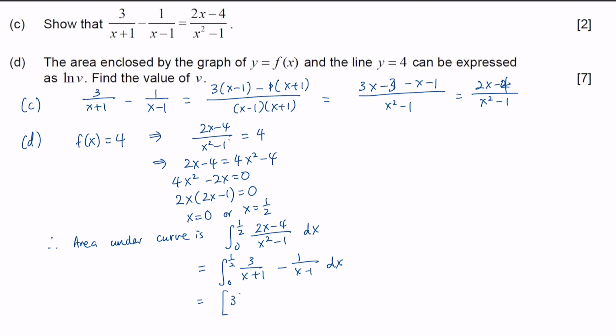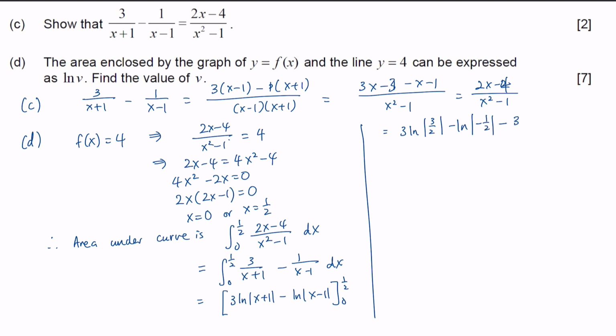So this is 3 ln of x plus 1 minus ln of x minus 1, evaluated from 0 to half. Okay, I'll continue up here. This is 3 ln of 3 over 2 minus ln of minus half, mod of course, minus 3 ln of 1 plus ln of 1. Okay, the good thing is that these two are both 0, so don't need to worry about it.